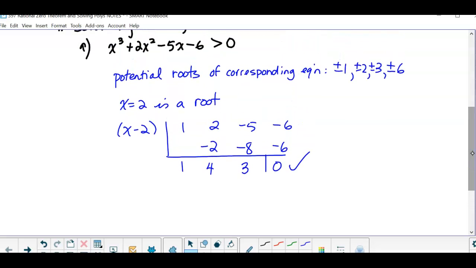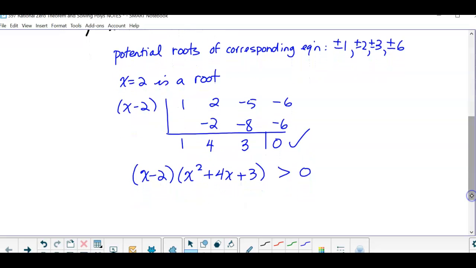All right, so now I'm going to show the factors that I have, and include the inequality now. And then you can factor that again. You kind of know that already, because we did graph it and saw integer roots.